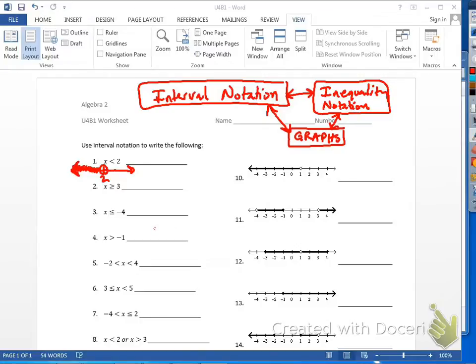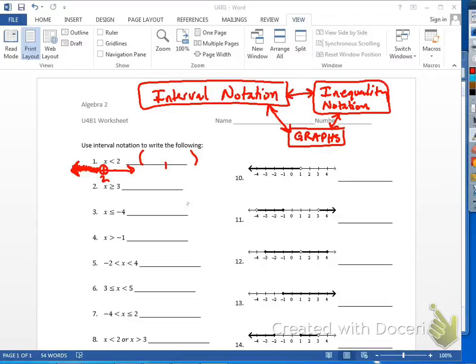Now, I'm not really asking you to graph these. I'm asking you to be able to use what I'm trying to teach you here, the interval notation. So interval notation is written kind of like you would write a point, like an x comma y point in parentheses. But we're not talking about a point, we're talking about a set of numbers.